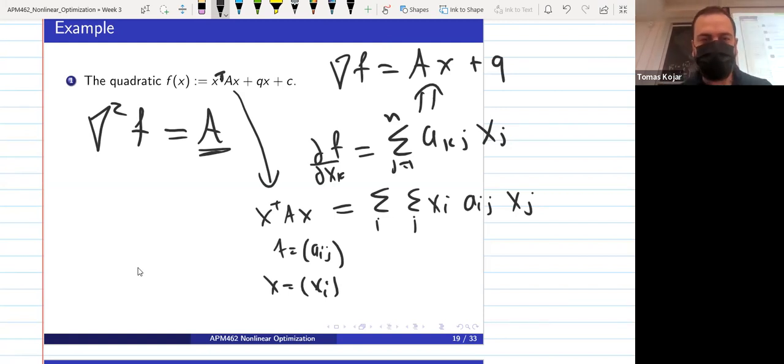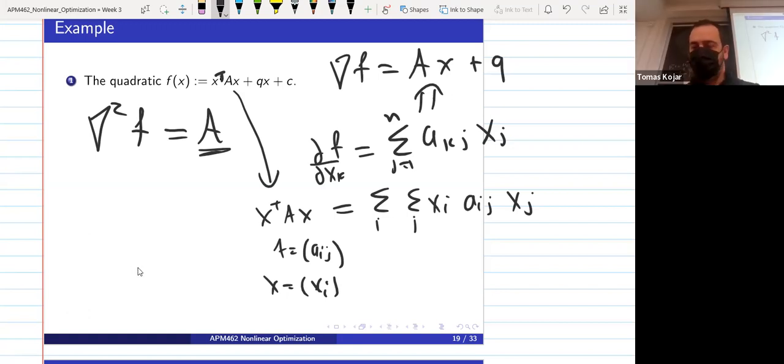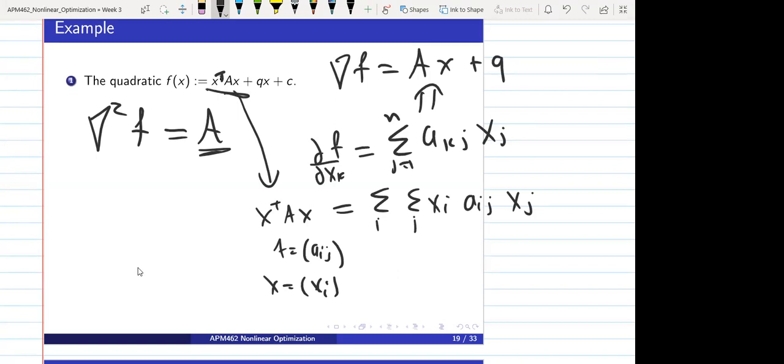I have a question about the derivative of the x transpose Ax. Because I think the derivative should be Ax plus A transpose x.